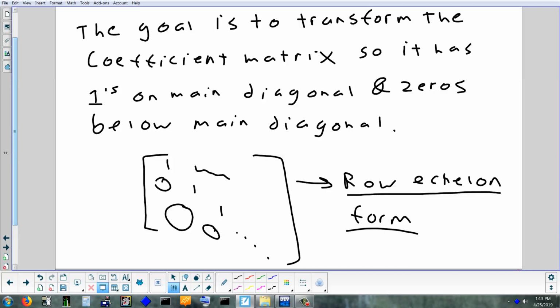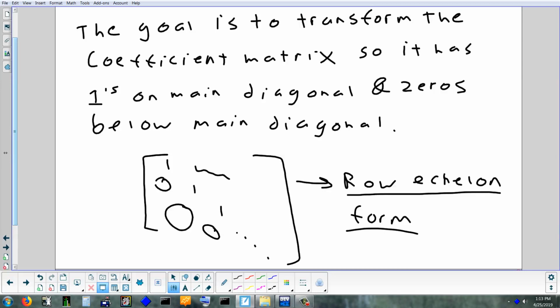Okay. Now the name of what this kind of matrix is called, you get ones on the diagonal and zeros below it. This is called row echelon form, which from now on I'm just going to abbreviate REF. Now, with matrices, you can also take it a step further. We're not going to do this part. We're going to do it a little differently.